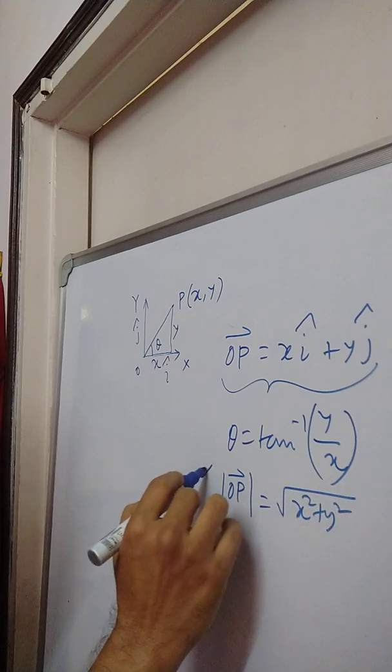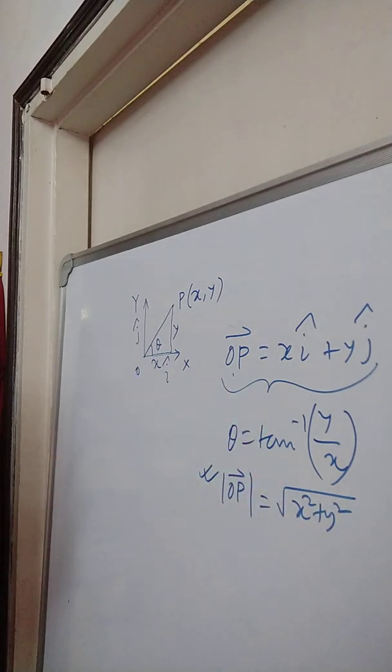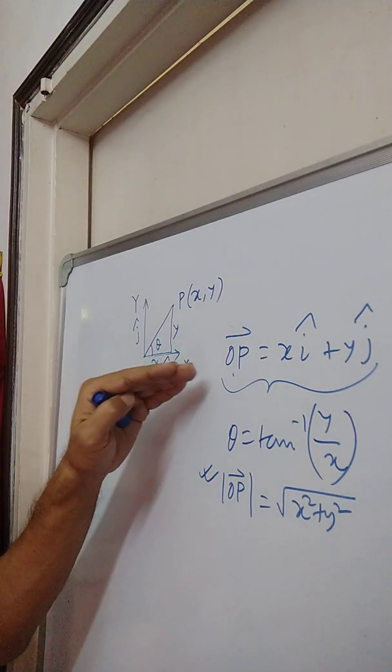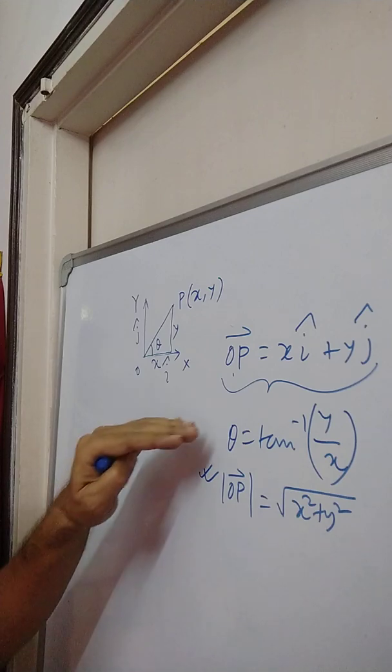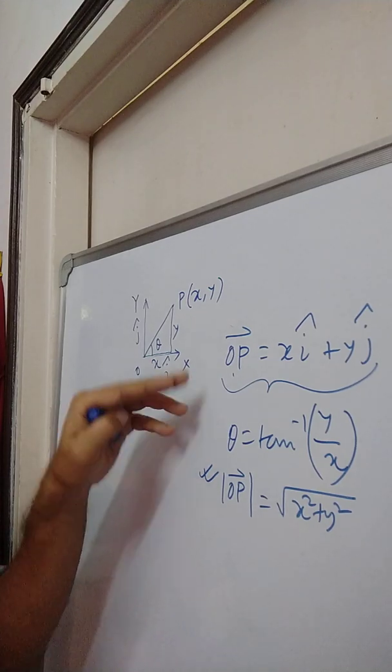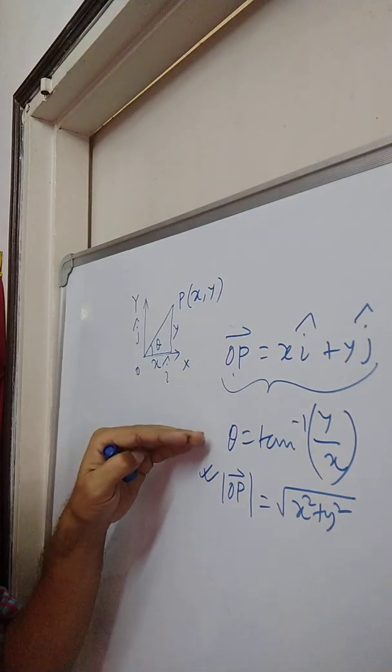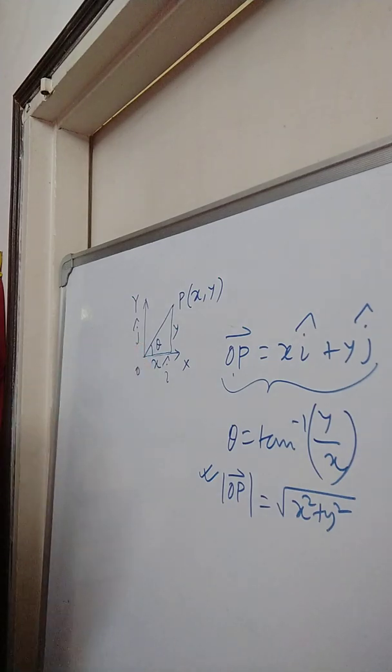So, this is the magnitude or scalar value of the vector, and this is the direction of the vector measured with respect to this frame of reference. So, we measure the direction of a vector always with respect to a reference frame.